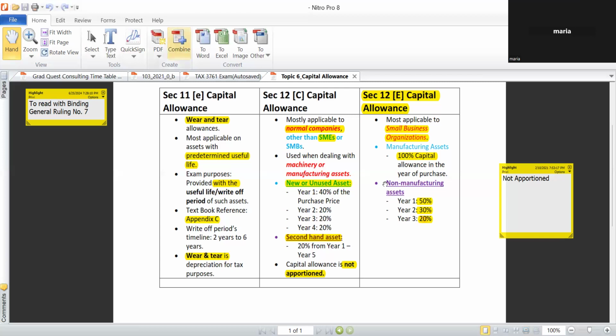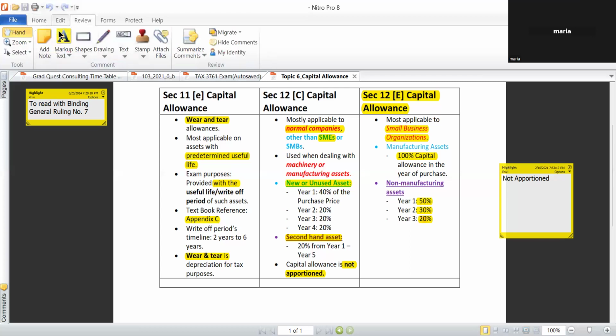And then if it's a non-manufacturing asset, very important, here is the catch. In year one, SARS allows you 50% of the cost price of that asset. But remember, there is a catch.